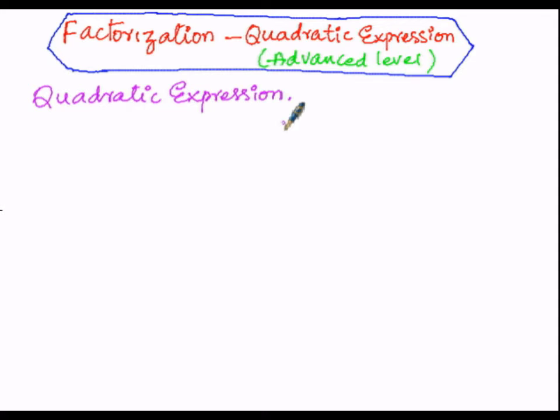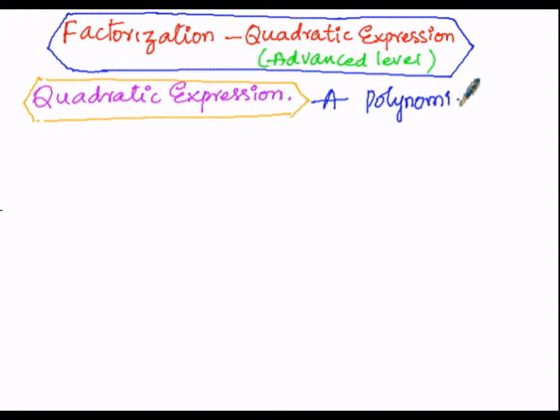So here a polynomial whose degree is 2 will be called a quadratic expression. A polynomial of second degree, or degree 2.